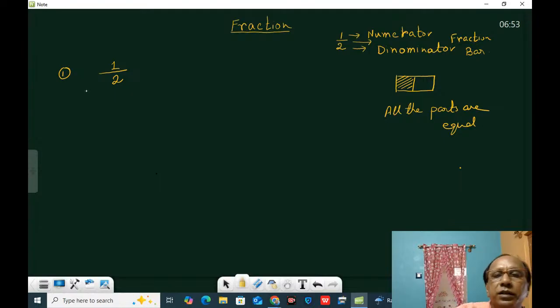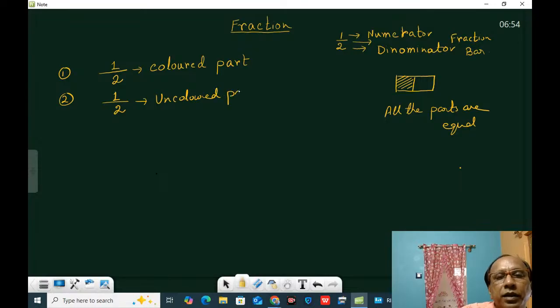If I say what is the uncolored part, the uncolored part is 1, and the total parts are 1 plus 1, 2. So 1 by 2 is the uncolored part.